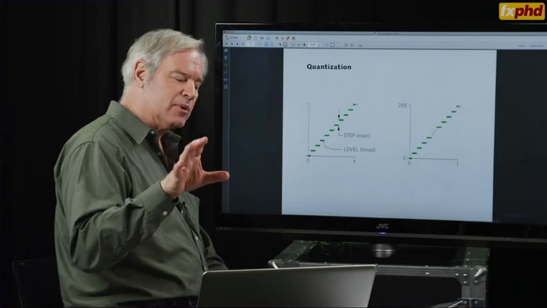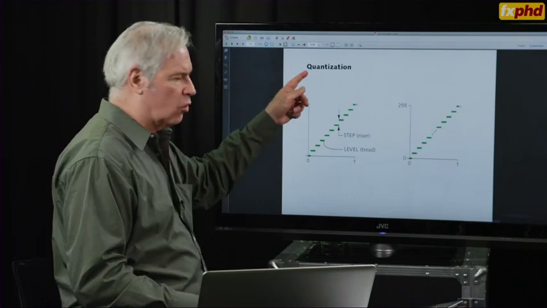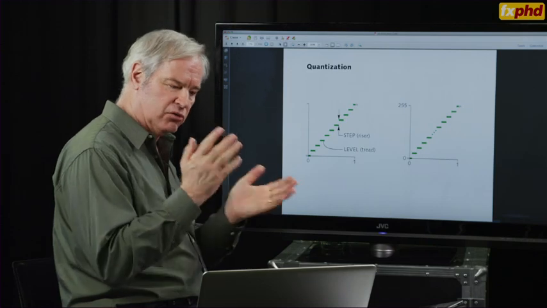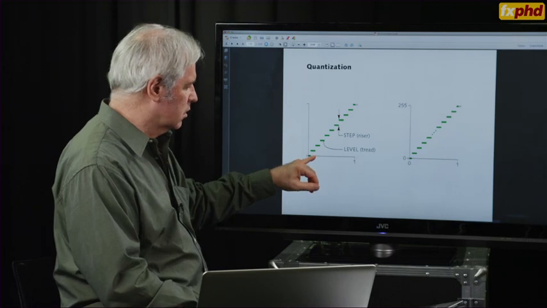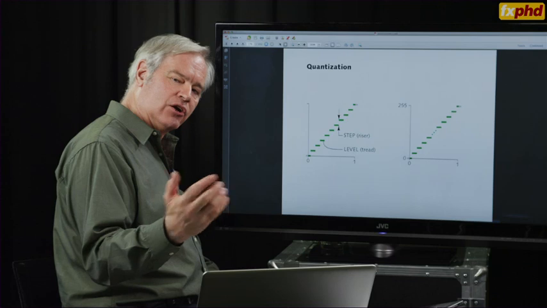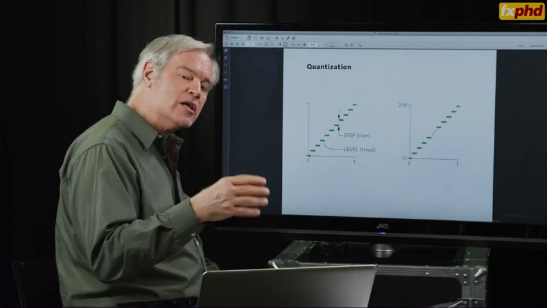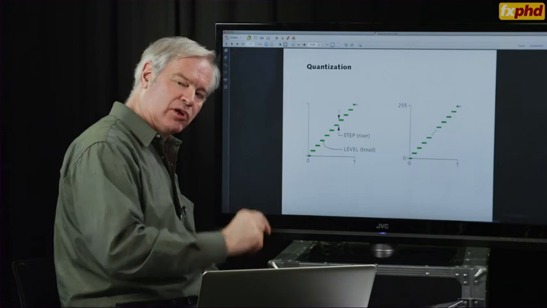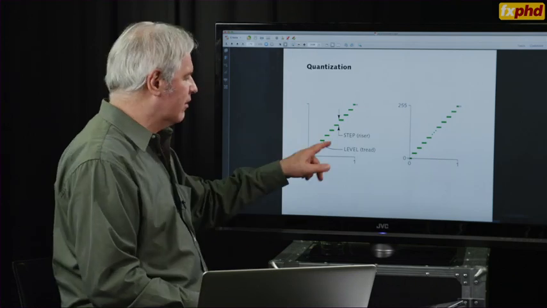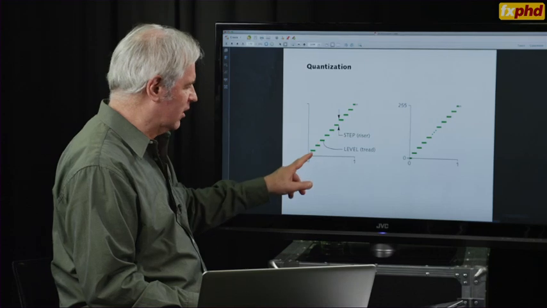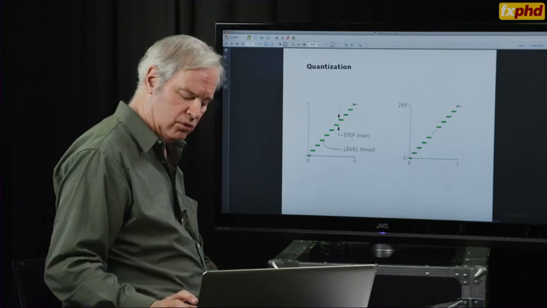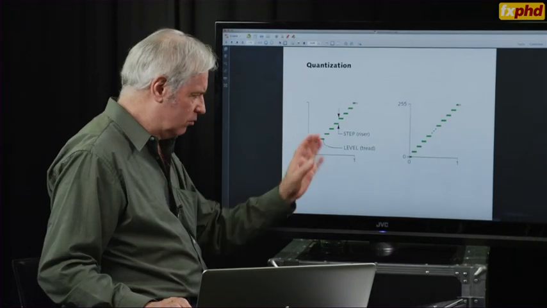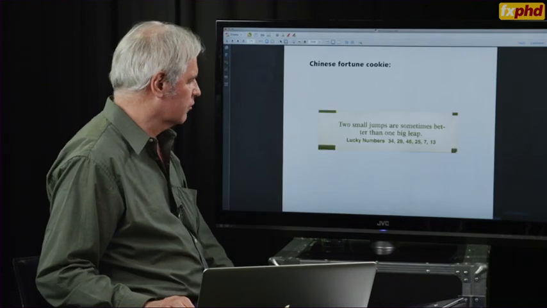But you have to keep in mind, when you talk about quantization into a fixed number of codes, like 256 codes, has that nonlinear transform already been imposed before you quantize? And whenever you see a quantization diagram like this, it's assuming that the signal is already coming in perceptual space, at least the usual ways that these diagrams are used.